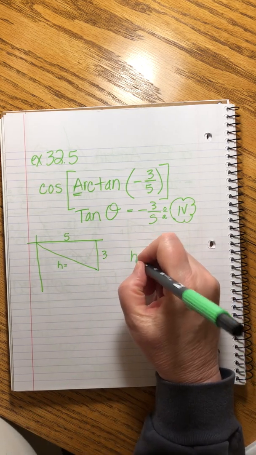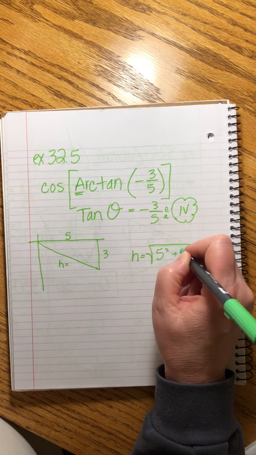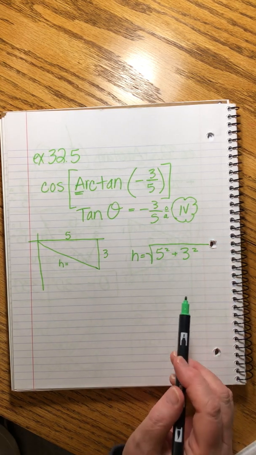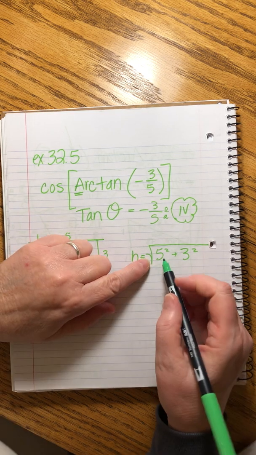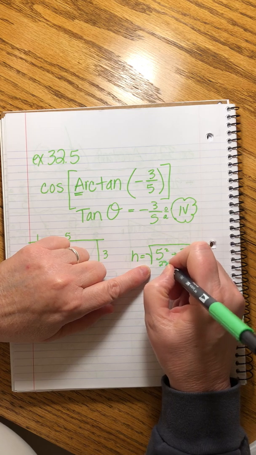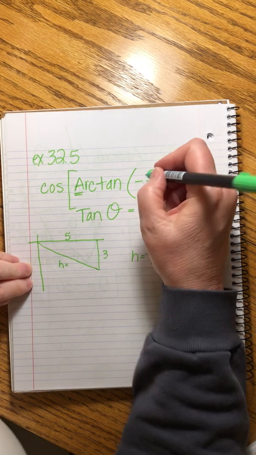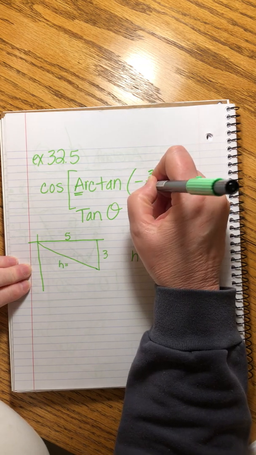So I'm going to say that the hypotenuse is equal to the square root of 5 squared plus 3 squared, right? That's just Pythagorean set up to solve. Let's see, this would be 25. Do I have the numbers right? No, it's 2 and 3. My bad. This should be a 2, and this should be a 3.